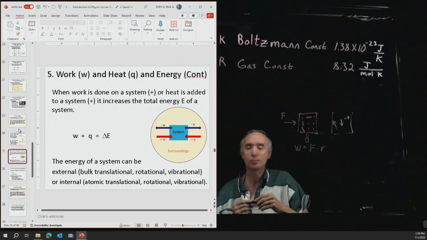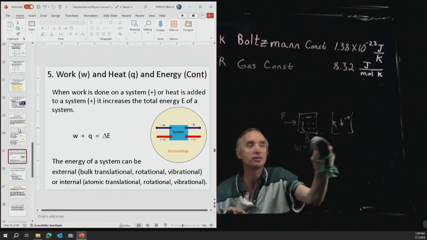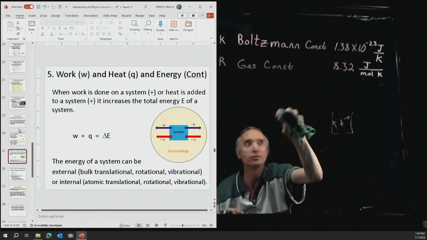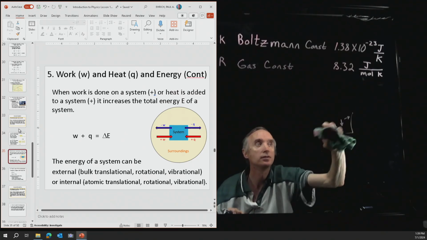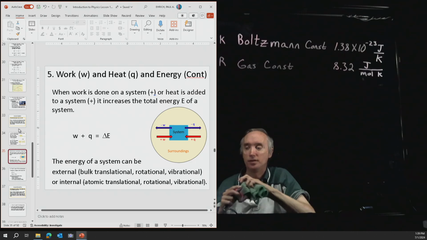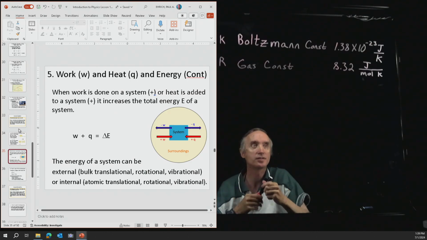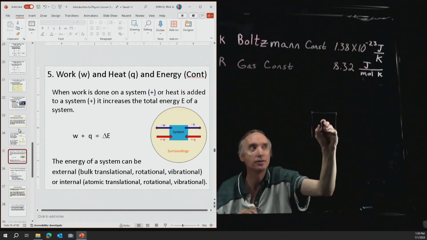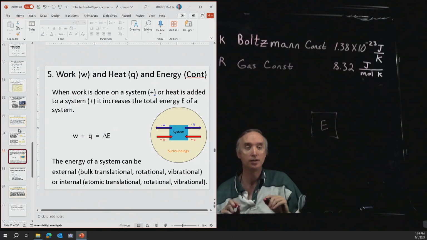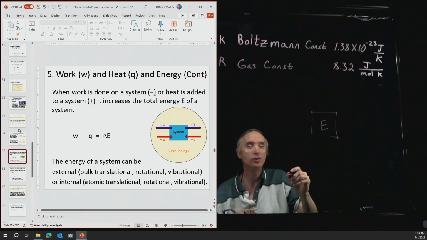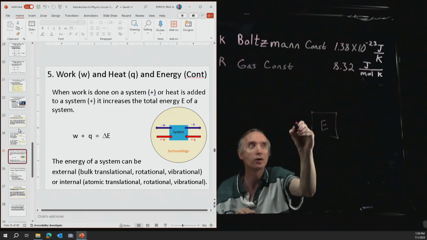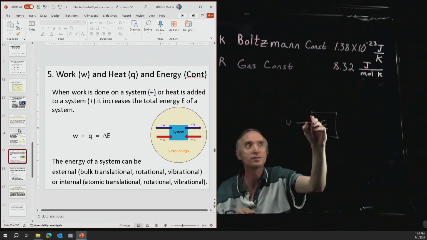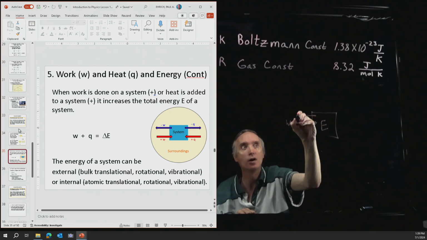Okay, now let's pretend that the system, this box here, begins with a certain amount of energy E. Now we could either do work on the system, or the system could do work on you.